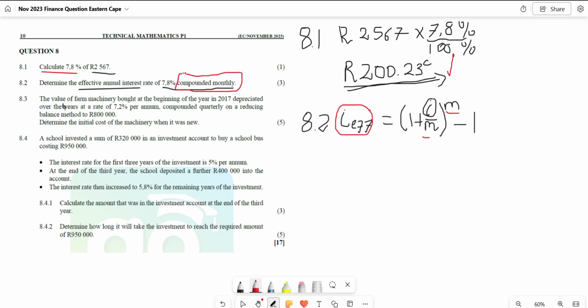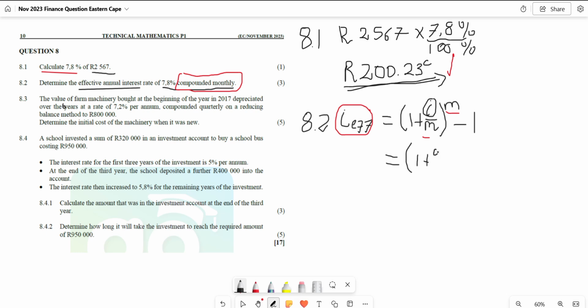Now we are going to substitute into this correct formula: in bracket 1 plus. Remember, this 7.8 we first have to divide by 100%.